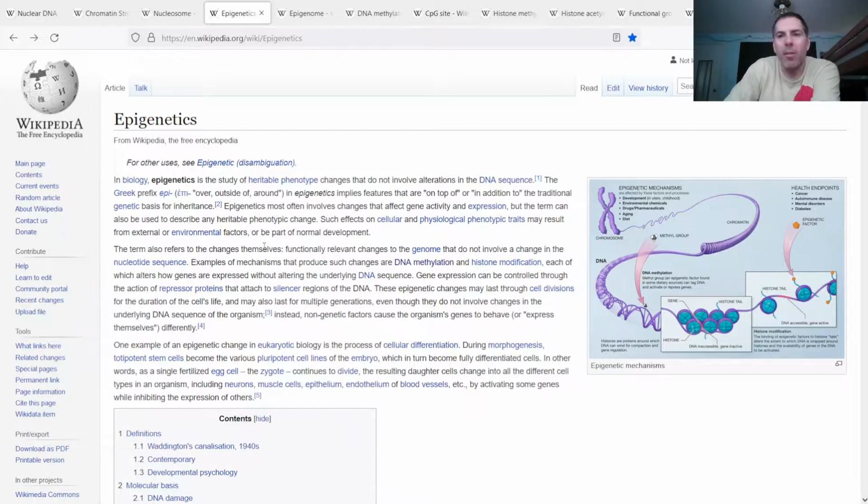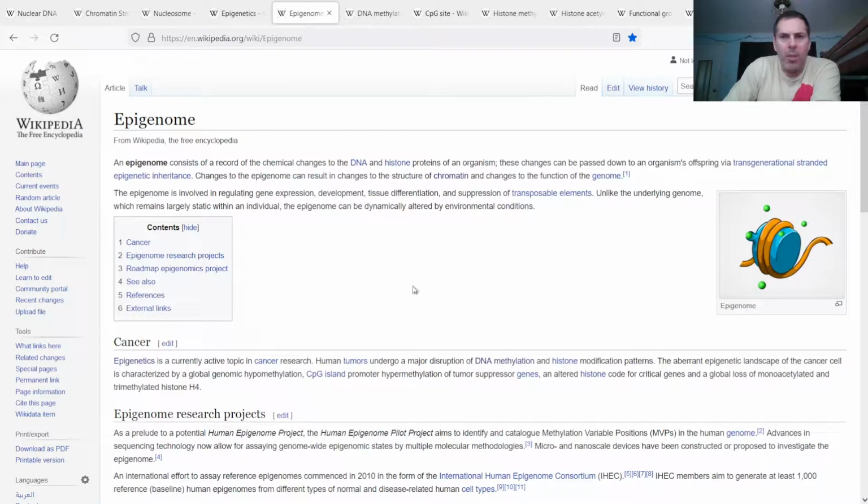So the 30 trillion cell human has some epigenetic information in every single cell, which is different based on what type of cell it is, even though they all share the same DNA. So the epigenome is kind of taking all that into account, or it's just the single cell at the beginning of the process.